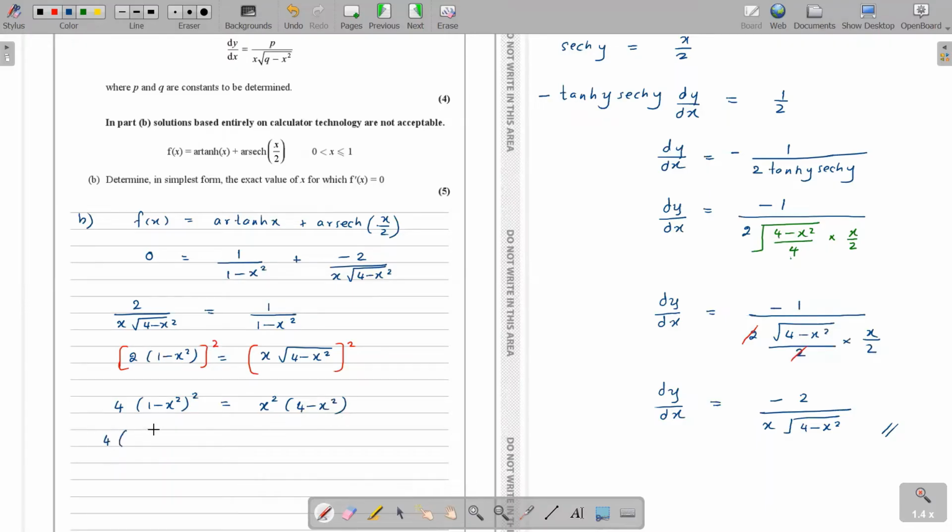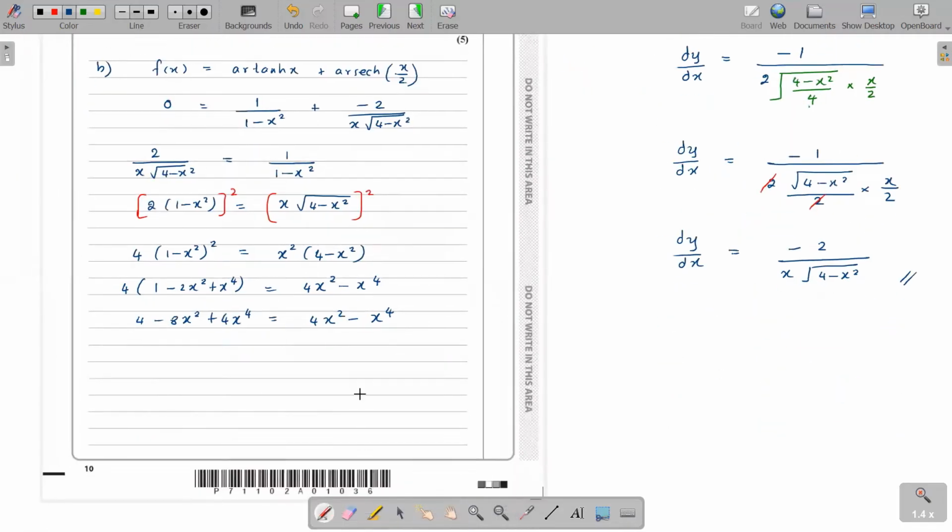So I get here 4 times 1 minus x square, squared, is 1 minus 2x square plus x to the power 4. Basically, here it's a minus b square: a square minus 2ab plus b square. Basically that rule. And when I open the right side, I get 4x square minus x to the power 4. Is that okay? 4 minus 8x square plus 4x to the power 4 is equal to 4x square minus x to the power 4.